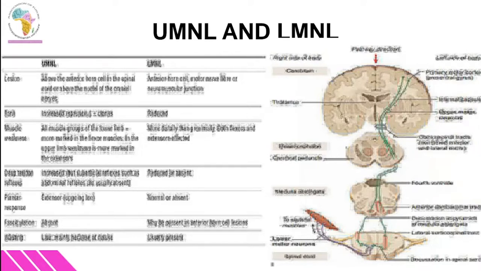Then if this patient is having a lower motor neuron lesion, you find that the medullary reticulospinal nucleus is working all right. But the problem is at the level of the spinal cord, and the cord has been cut off, meaning the connection has been cut off completely.